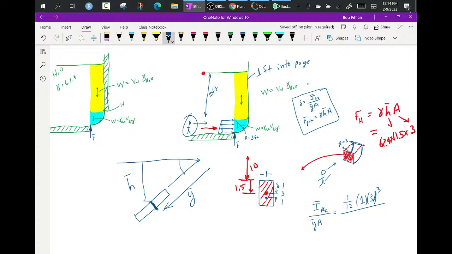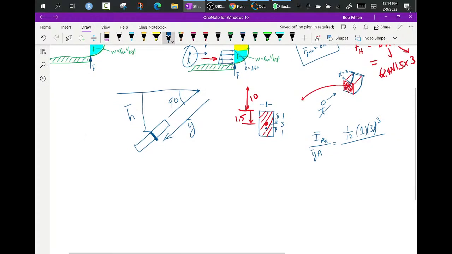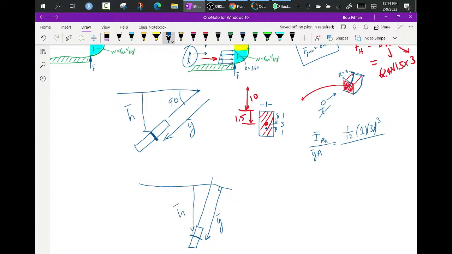However, if this angle becomes 90 degrees, let's take a case in point where it's almost 90 degrees. So here's your centroid. The distance from this is y bar, and h bar. When they coincide, when it becomes a vertical gate, h bar is equal to y bar.